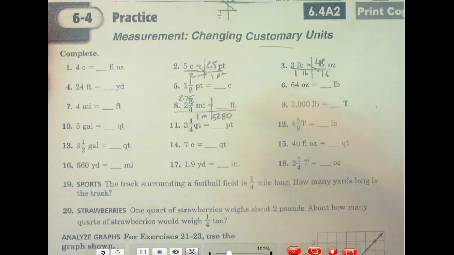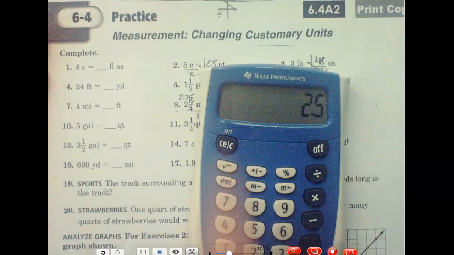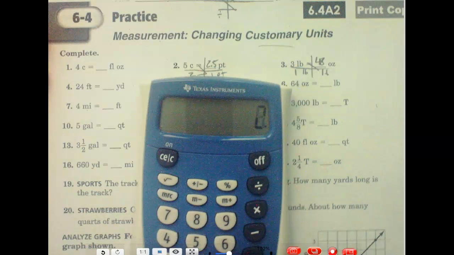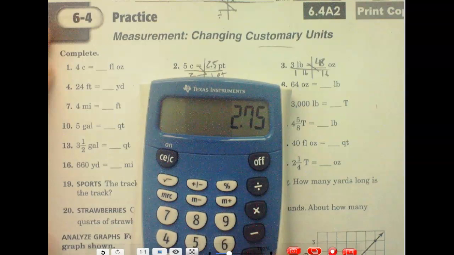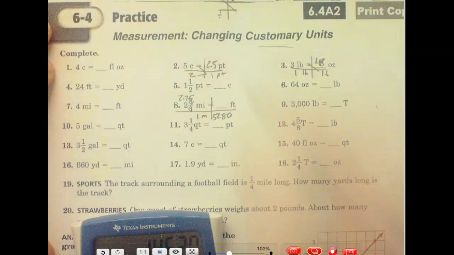So we'll just multiply that in, clear our calculator. So 2.75, there's your 2 3/4, times 5,280 equals 14,520 feet.